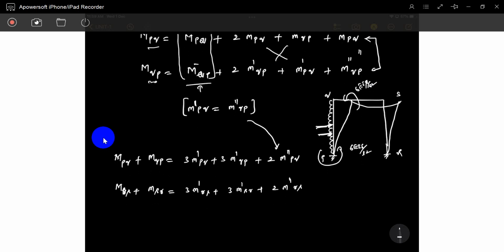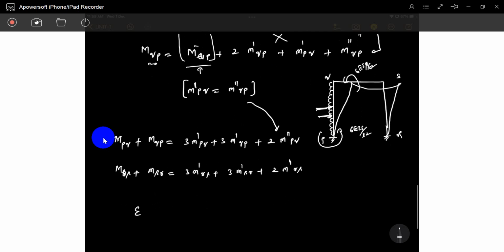So how many columns are there in the story? Just add it. Sum of PQ, sum of QP is equal to 3 PQ rotational contribution, 3 sum QP, 2 sum translational contribution.